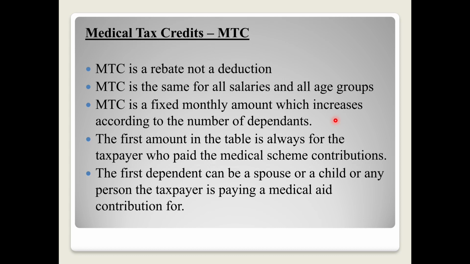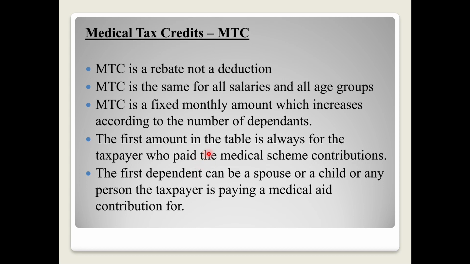The first amount in the table is always for the taxpayer who paid the medical scheme contribution. So if we go back to the salary slip in the beginning again, the person belonged to a medical aid, and there was a medical aid contribution on his salary slip. So that person who pays the medical scheme contribution, he is the taxpayer.